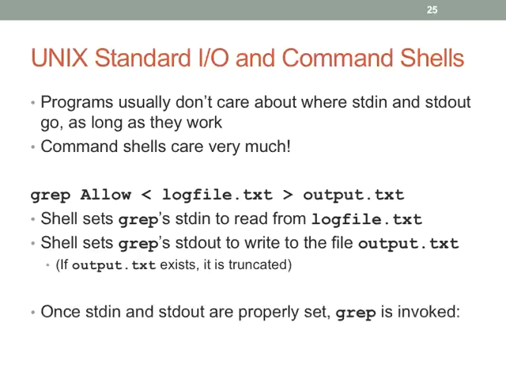And then, like I say here, once standard input and standard output are set up, then grep is invoked. And what grep receives is not less than logfile.txt greater than output.txt, because that's consumed by the command shell. What grep gets is two arguments, grep and allow. And you'll see that argv always has one more element than argc has.